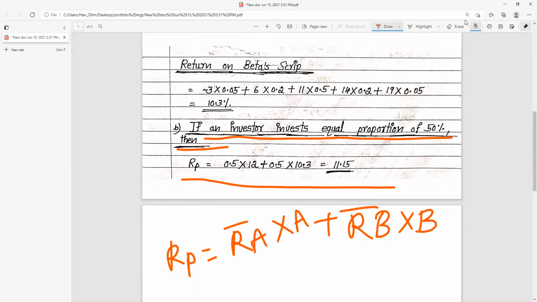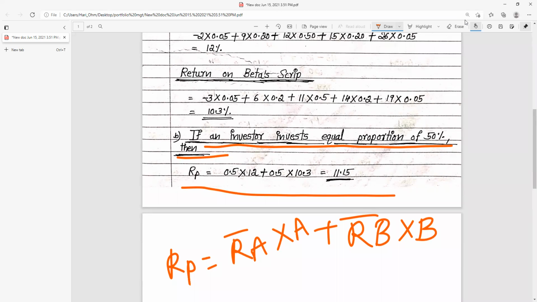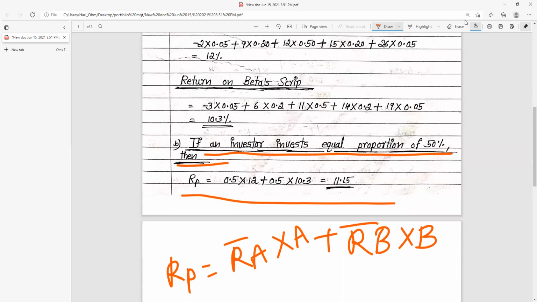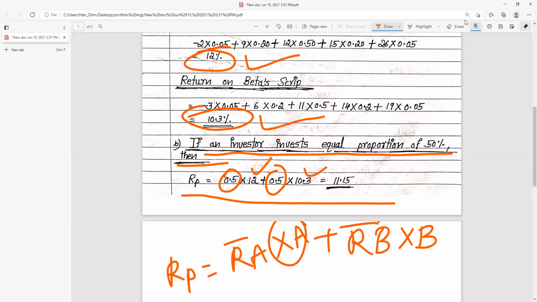This is the formula to calculate return of the portfolio. So here, 0.5 and 0.5, this is nothing but proportion. Then 12 and 10.3. 12 is the expected return of alpha and 10.3 is the expected return of beta. Is it clear? So you get 11.15 is the portfolio return, that is RP.